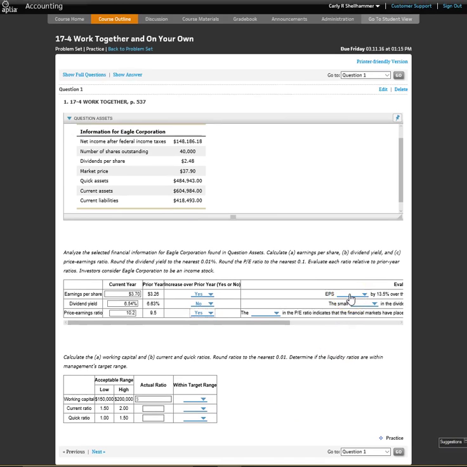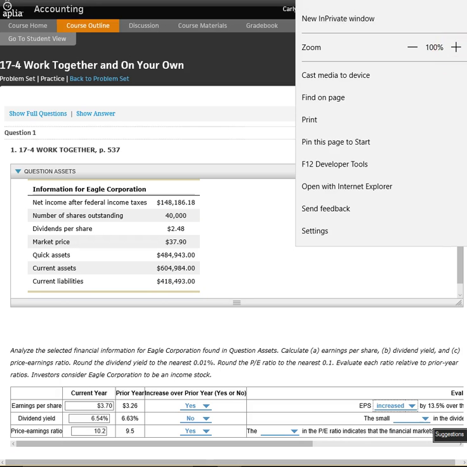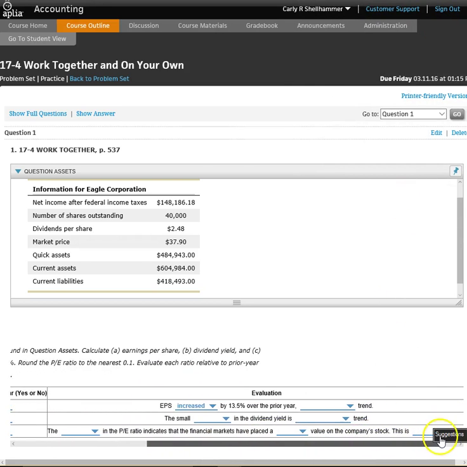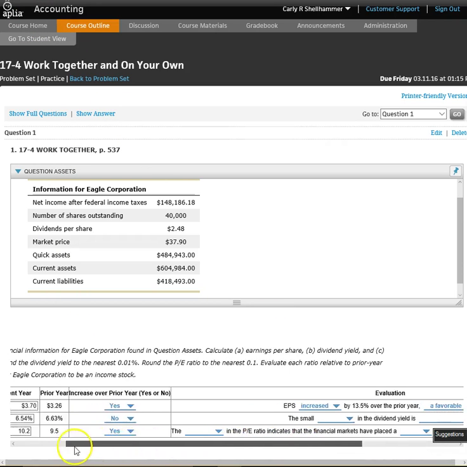Okay, the EPS increased by 13.5% over the prior year. A favorable trend. Okay, let's look at the dividend.